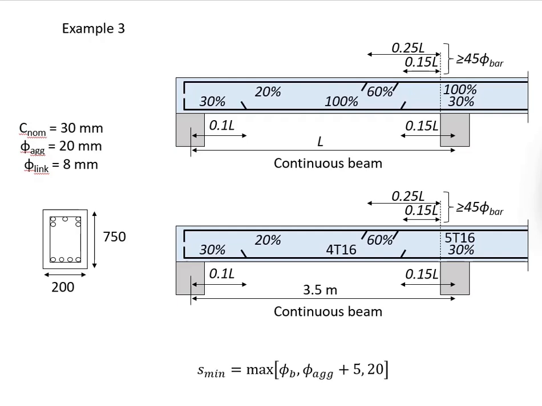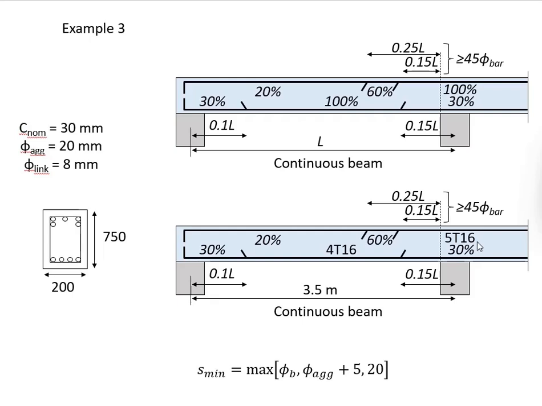Hi, previously we did two examples of the curtailments of the reinforcement bar in continuous beam under two different situations. Now let us try another example under another type of situation which involves other considerations.